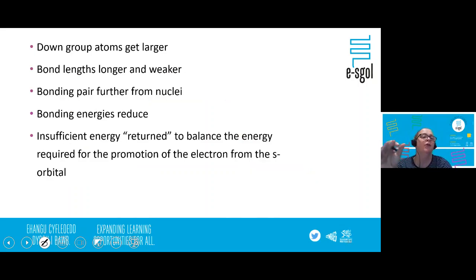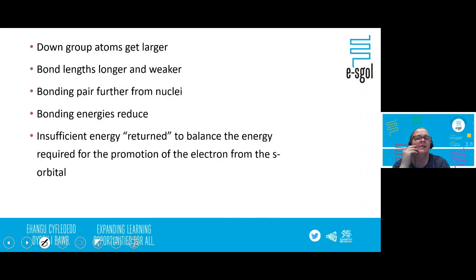Okay, so down the group, why does this happen? Well, you've got the atoms getting much larger as the atomic radius increases on descent. As a consequence of that, the bond lengths are getting longer and weaker. The bond pair becomes further from the nuclei, which is what keeps those electrons attracted to the nucleus.